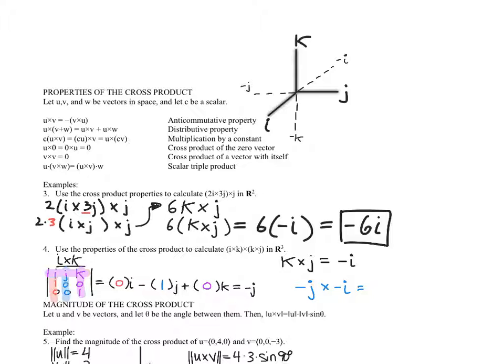So anything that my thumb is pointing out of the paper, that's going to be I, J, or K, depending on what you're looking for. The opposite of those would be the dotted lines. So negative I crossed against negative J is going to come out of the paper. That would give me a positive K, so I know my result would have to be negative K, because I'm looking for the exact opposite.